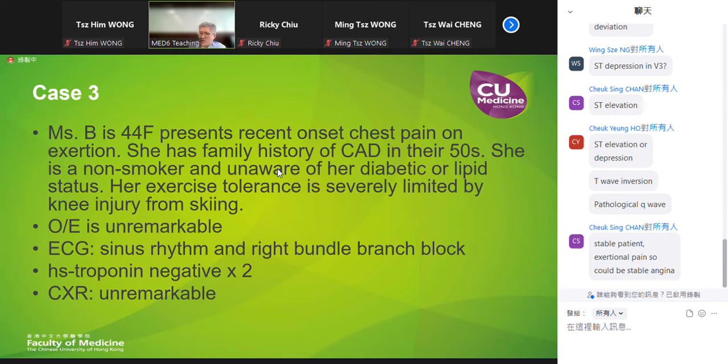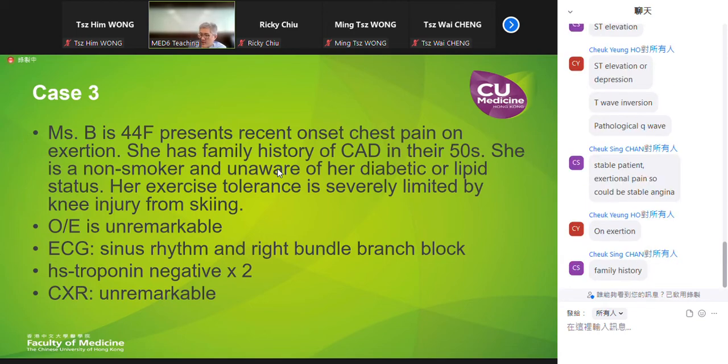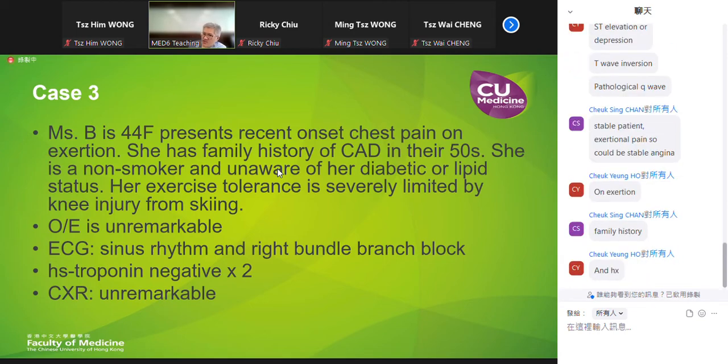As I mentioned, she's young, 44, and the majority of these pains are not specific, right? But what makes you think it is more likely to be cardiac, based on what I give you? On exertion, and could be the family history, because the family history is very important.